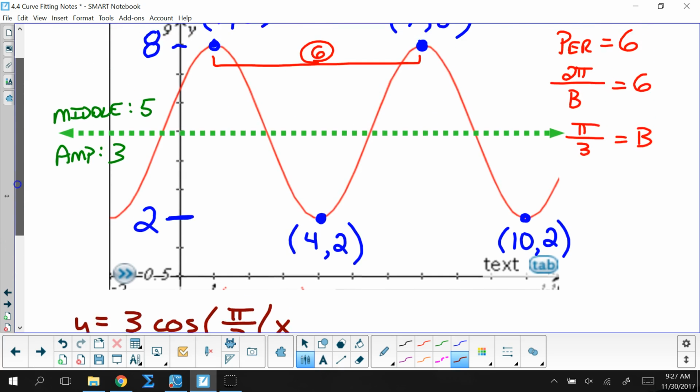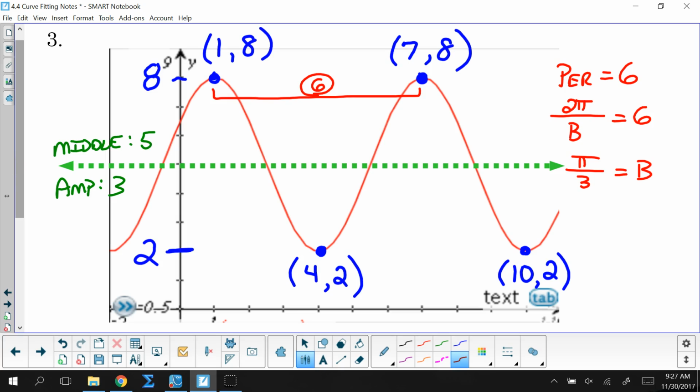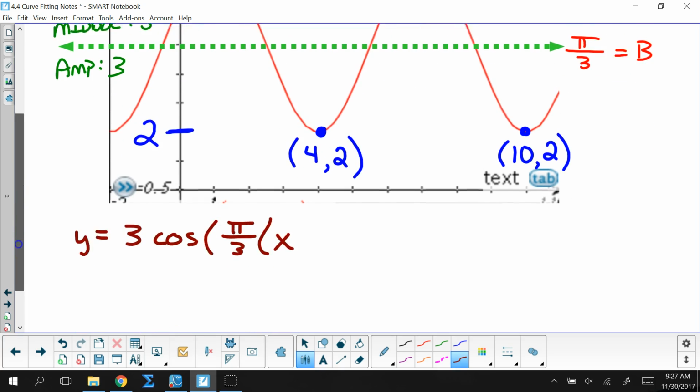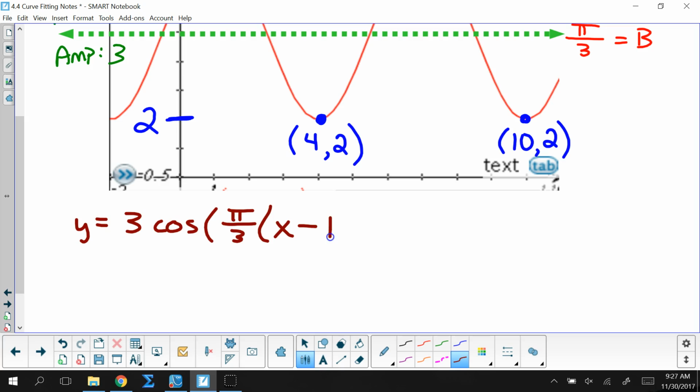Now, I'm going to start on the first one because cosine starts on high. So that would be x minus 1 plus 5. Agree with me on that?